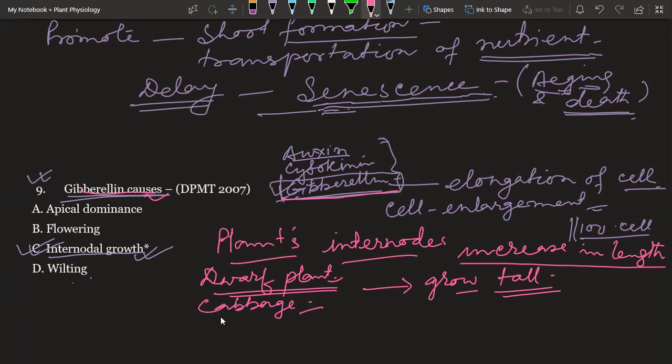Cabbage has a very short stem, crowded leaves, etc., so their internode is very short. But in cabbage also, if gibberellin is applied, the cabbage plant can grow 6, 7, 8 feet tall, or even more. So this can increase the growth, and that is what we sometimes call the rosette habit.